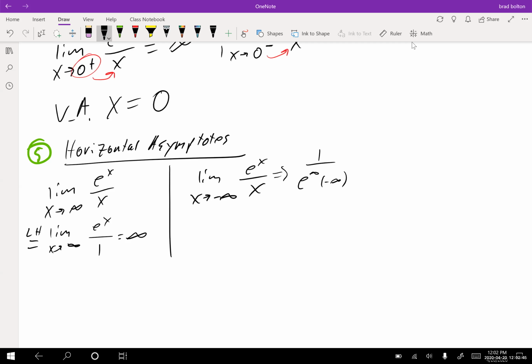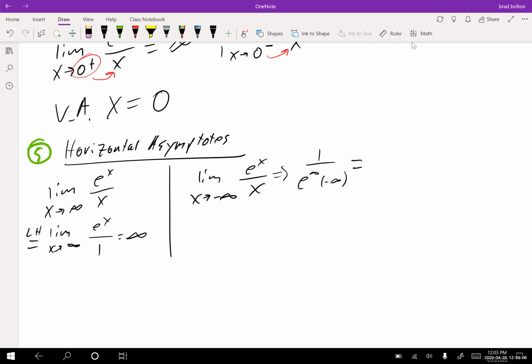And again, you're not actually allowed to plug that in, but that's kind of what happens. Now think about this. E to the infinity is going to be extremely large times negative infinity, which is another extremely large negative number. And two extremely large numbers multiplying times each other is going to be extremely large. So you're going to have 1 divided by an infinitely large negative number.